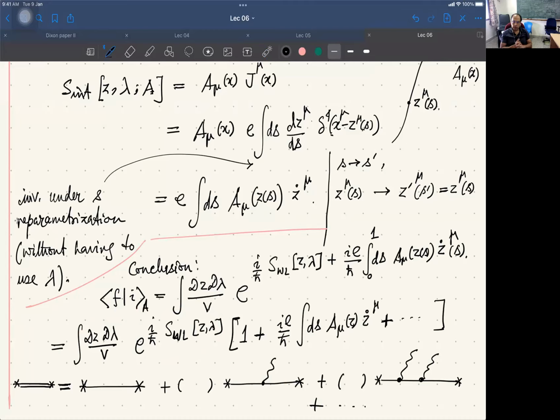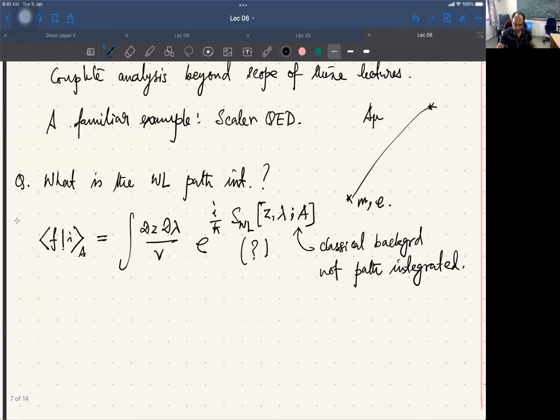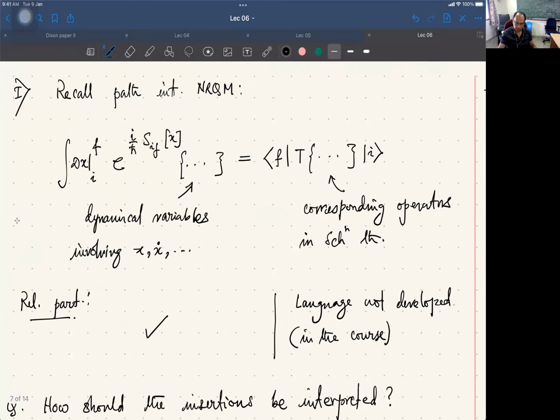So what it shows is that when you started out with the path integral for free particle, you would naturally ask this question, just from what we learned in the non-relativistic case: what about the insertions? Those are possible computations.